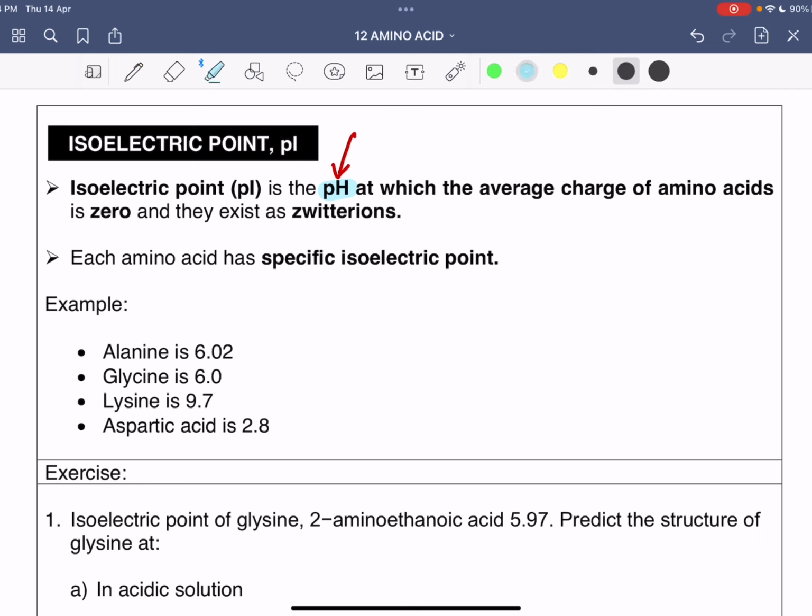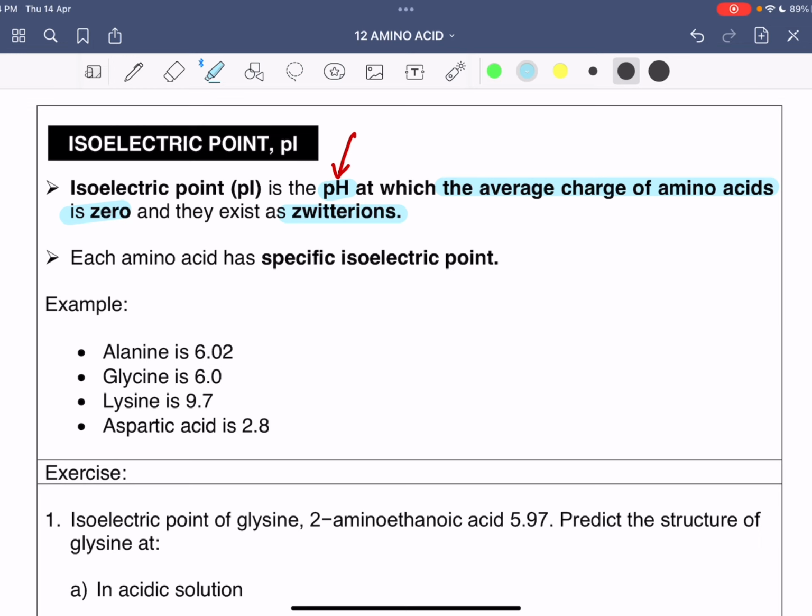The pH where the average charge of the amino acid is 0, or in simple terms, when the amino acid exists as zwitterion. So when the amino acid exists as zwitterion, look at the pH. That pH we call isoelectric point.